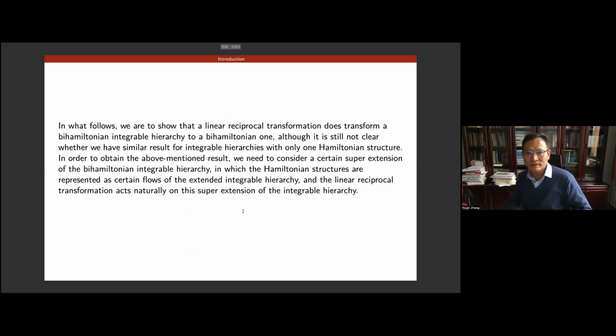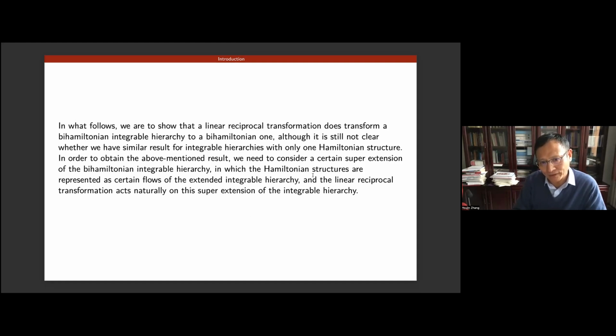So for this case, we realize that we can study the proper Hamiltonian structure for this transformed system by using a certain super extension of the integral hierarchy.